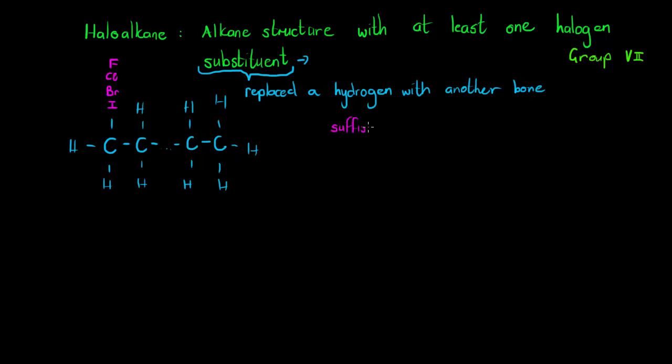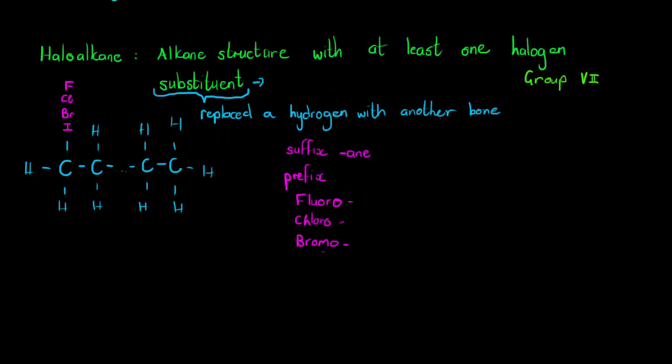Like a normal alkane, it will still have the ane suffix, but it will have a prefix that is either fluoro, if it is fluorine, chloro, if it is chlorine, bromo if it is bromine, and then we have iodo. Iodine is iodo as a prefix.